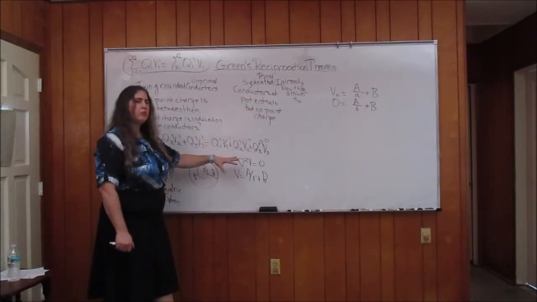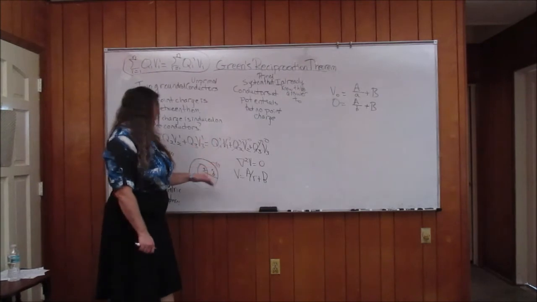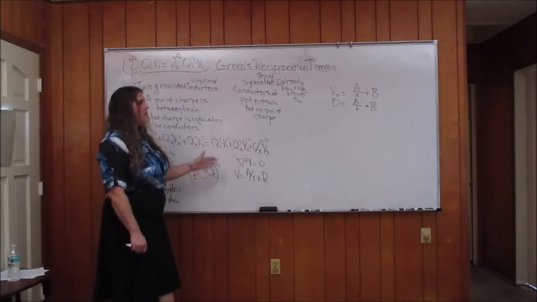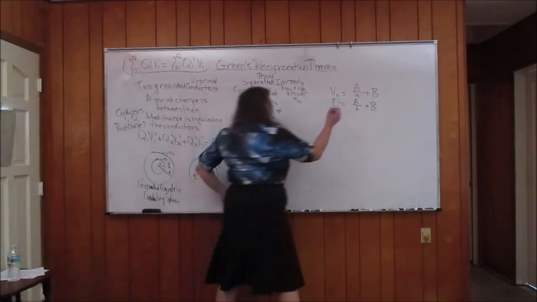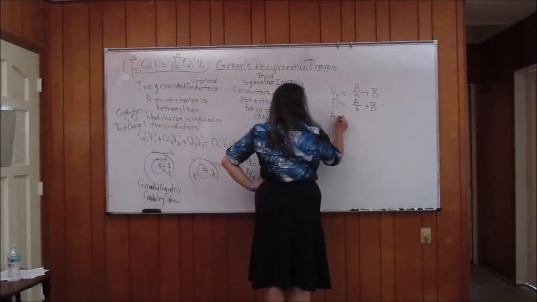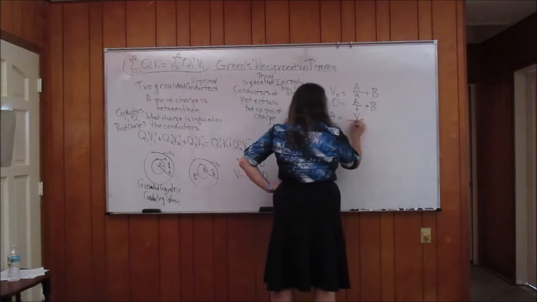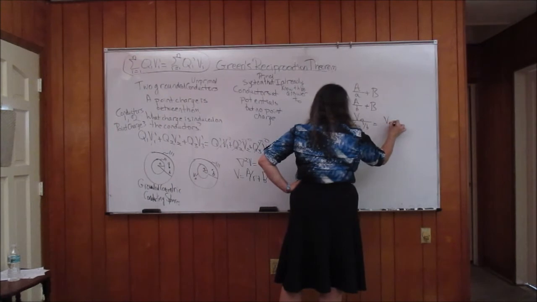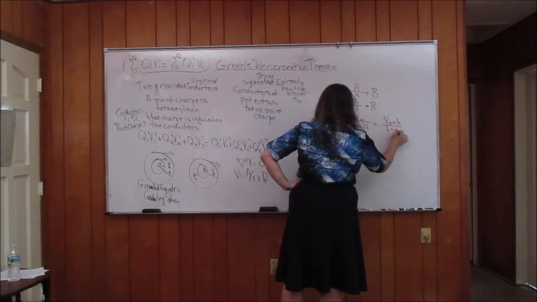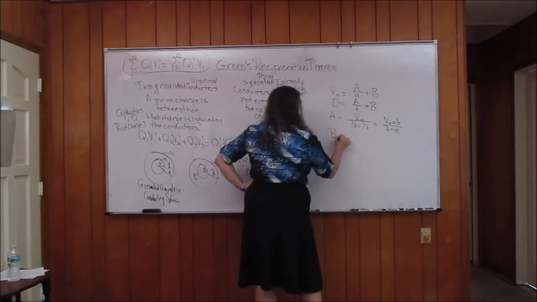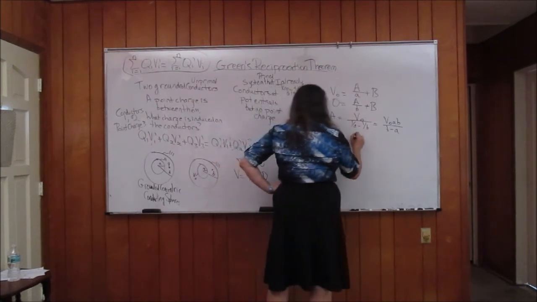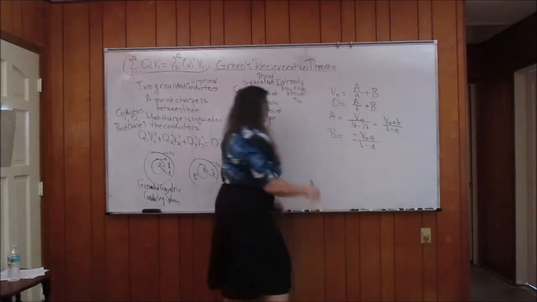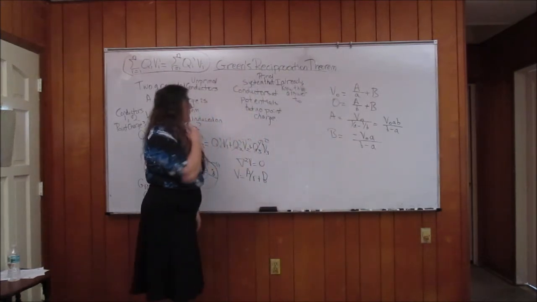Again, capital letters refer to constants that are to be determined. The lowercase characters refer to the radii of the inner and the outer spheres, respectively. When I do the math here, I'll find that big A is equal to V0 over 1 over a minus 1 over b, and big B is equal to minus V naught a over b minus a.